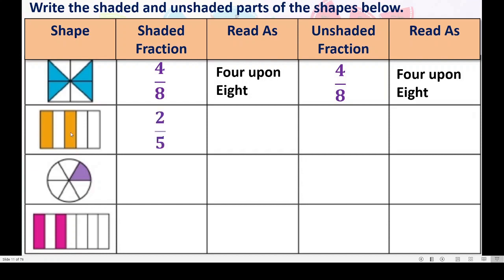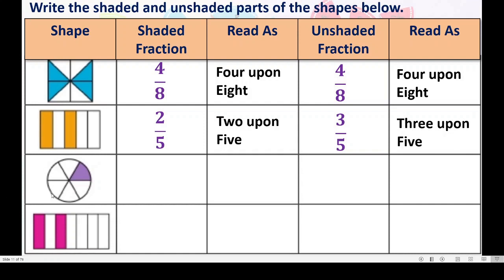So the answer is 2 upon 5. Read as 2 upon 5. Correct? And the unshaded fraction. See, this is 1, 2, 3. Right? So the answer here is 3 upon 5 and read as 3 upon 5.